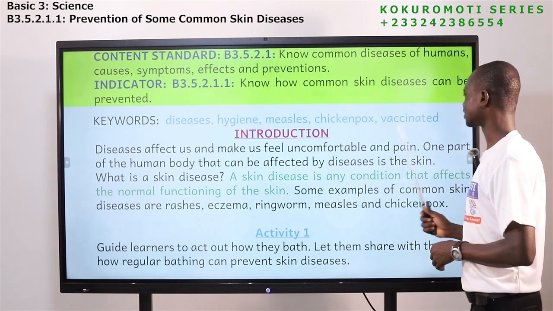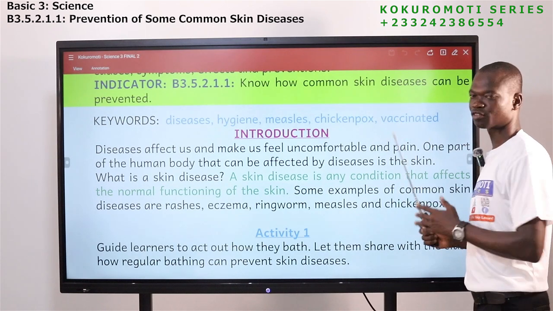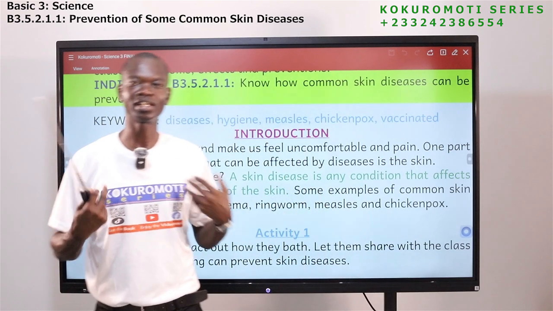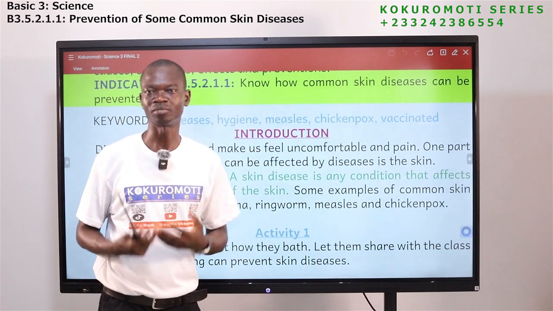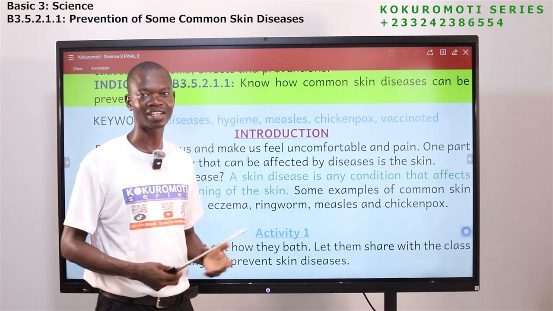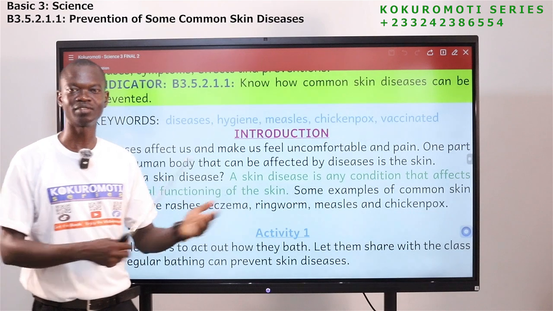The next one is vaccinated. It's from the word vaccine. A vaccine is something that we take in to protect our body from certain kinds of diseases. If you have been vaccinated against polio, it will be very difficult for you to get infected.